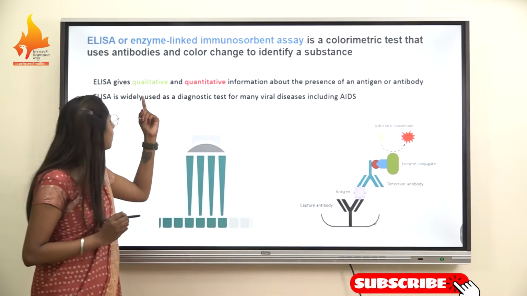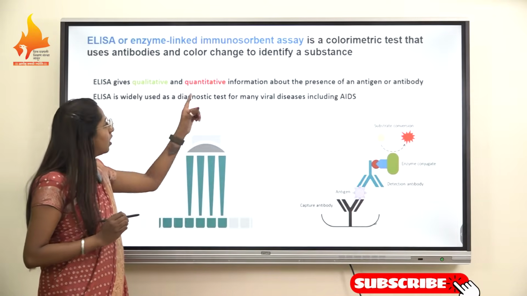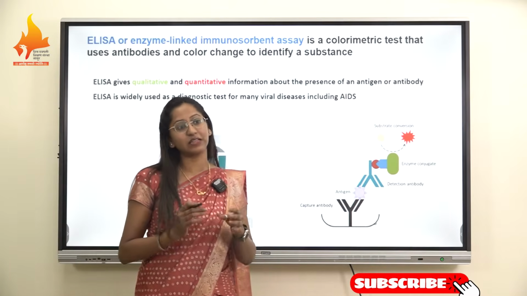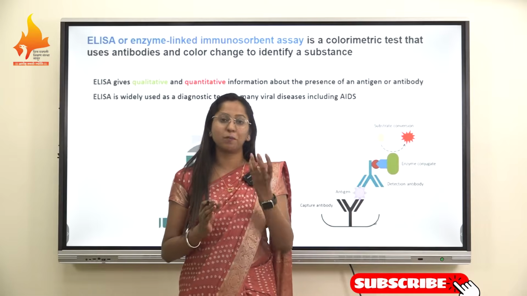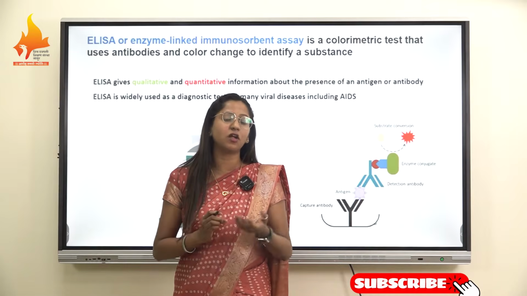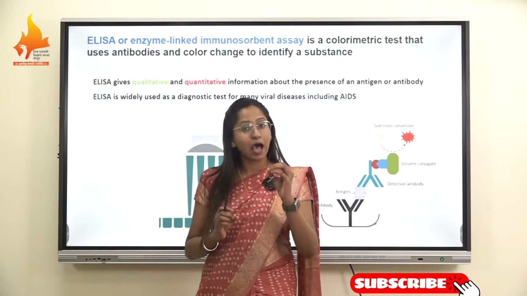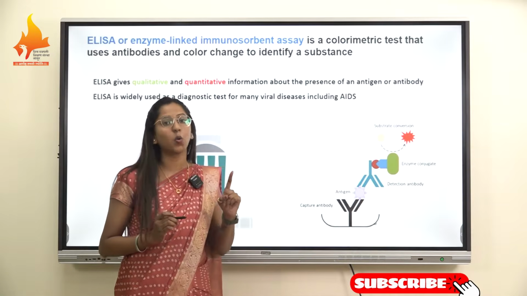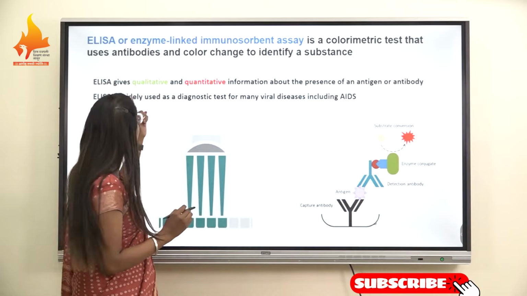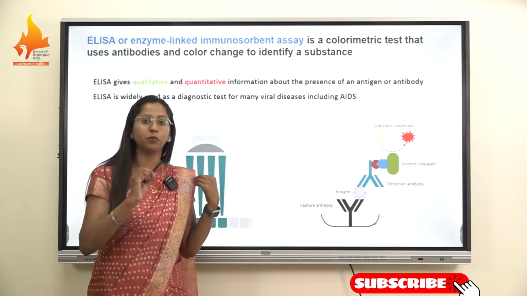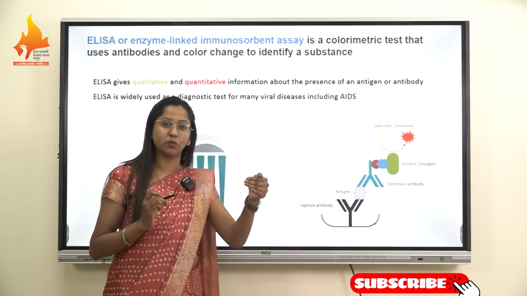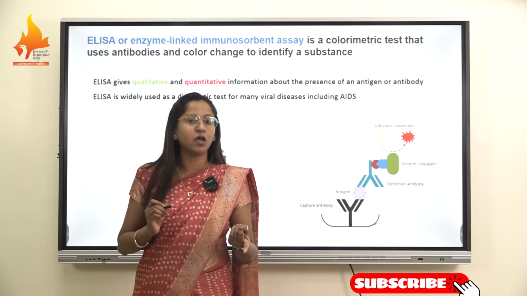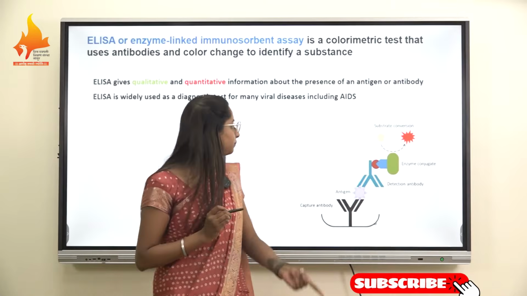This is your qualitative estimation. Moving to quantitative estimation, in this process you are measuring how much amount of antigens or how much amount of antibodies are present inside the patient's serum sample. That is termed quantitative estimation. So with the help of the ELISA technique, you will come to know whether a pathogen is present inside a body or not, or how much concentration of pathogen is present inside a body.